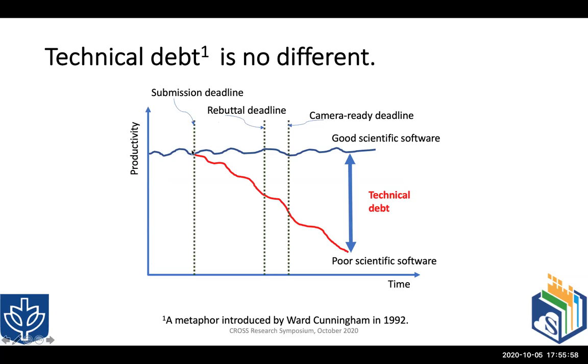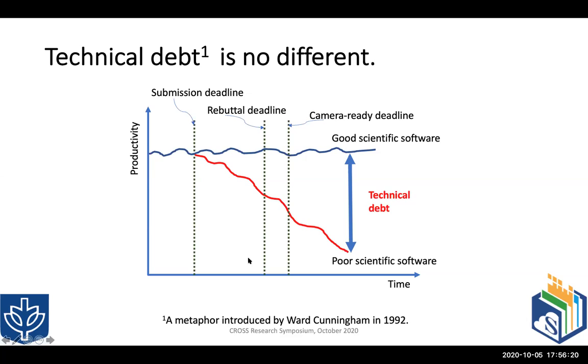But there are no similar deadlines for the software that accompanies the paper. So it is our intention to write good scientific software, but in the end, we end up writing poor scientific software, thus accumulating technical debt over a period of time.